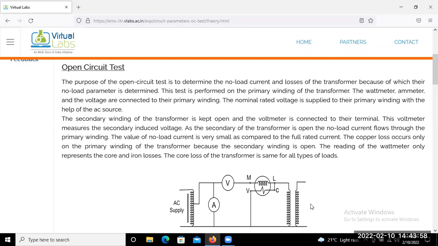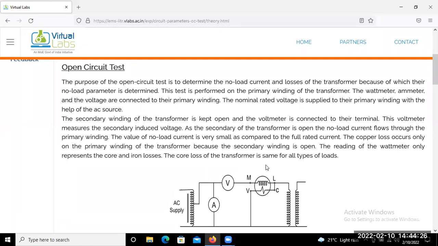So the key factor is these 2 points. We perform the open circuit test at the rated voltage, so the measuring instrument is available in the standard range, that means a 230 volt voltmeter, so we are able to measure that voltage.